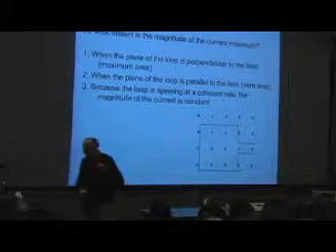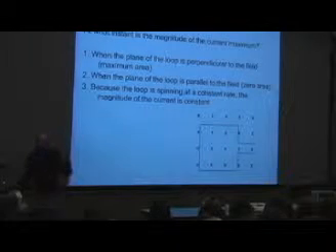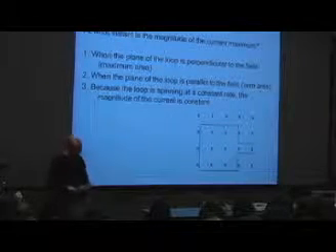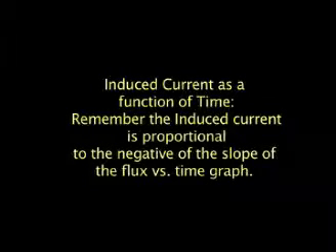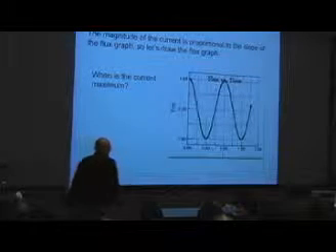So if the flux is a beautiful cosine, draw another graph. Remember that the induced current is proportional to the negative of the slope of the flux versus time graph. Try and use that to help you sketch a second graph, which is the induced current as a function of time. Okay, so there's my flux graph.